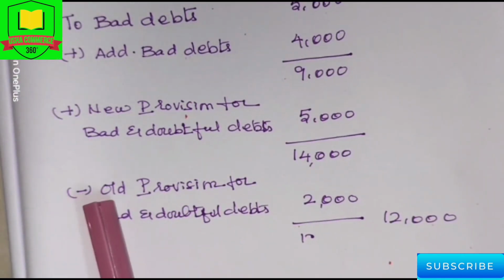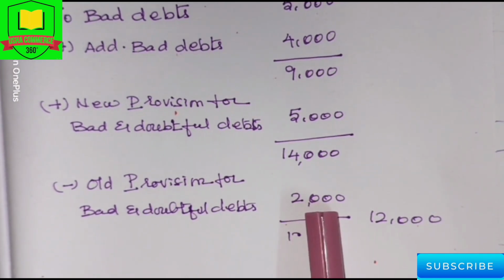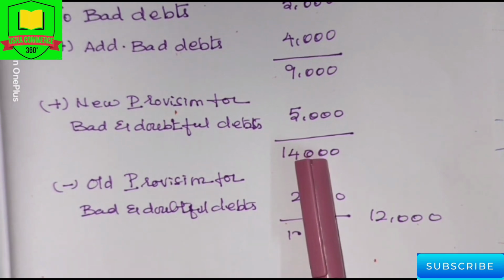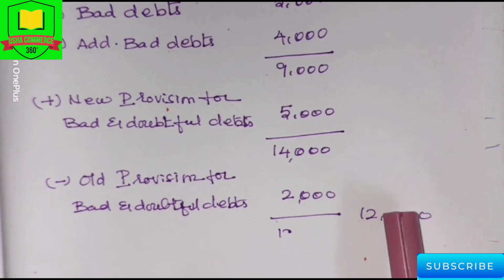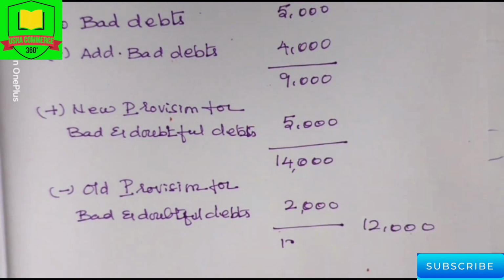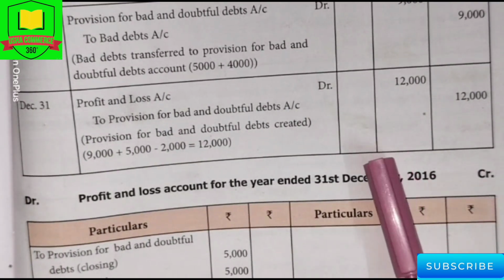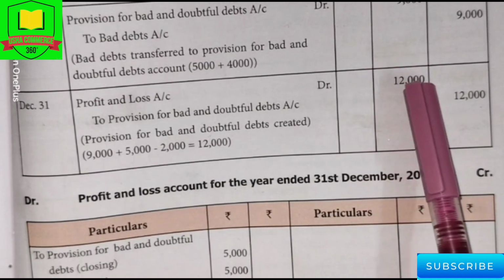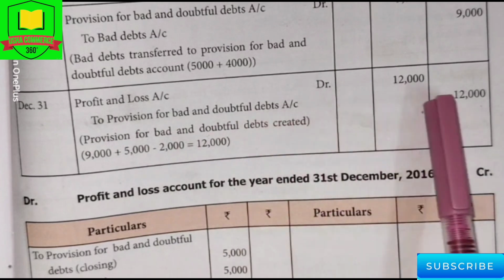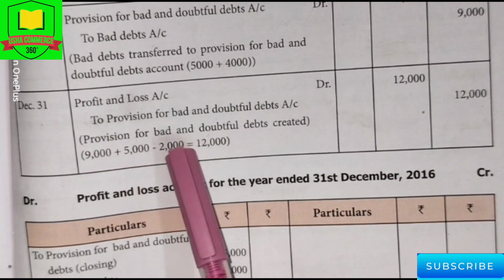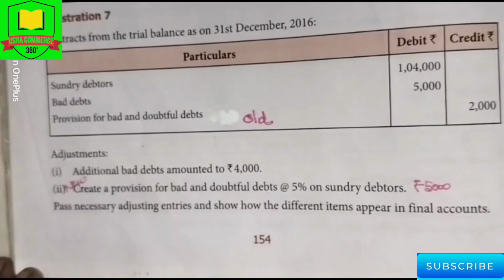So minus old provision for bad and doubtful debts 2,000 rupees subtracted from 14,000, we will get 12,000, which is to be entered in the outer amount column on the debit side of the profit and loss account. So now you know how you get this 12,000 rupees: 9,000 plus 5,000 minus 2,000, you will get 12,000 rupees.